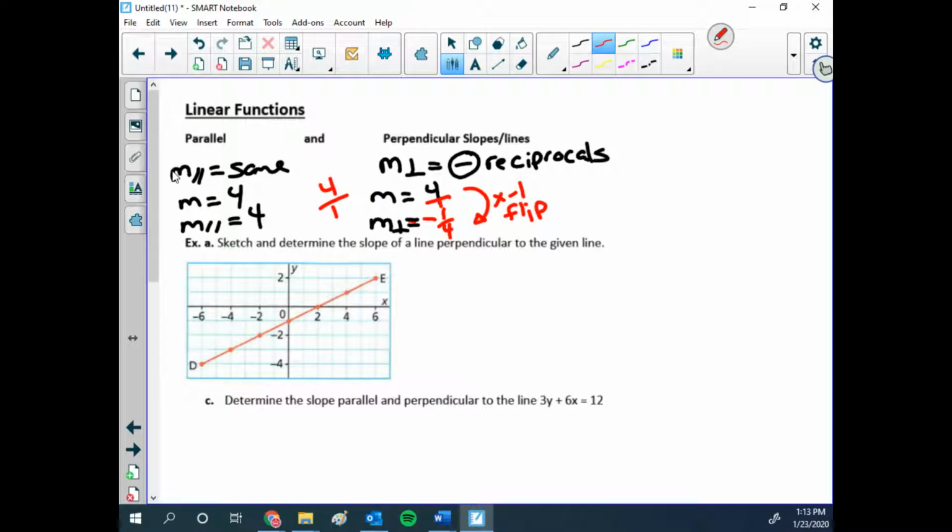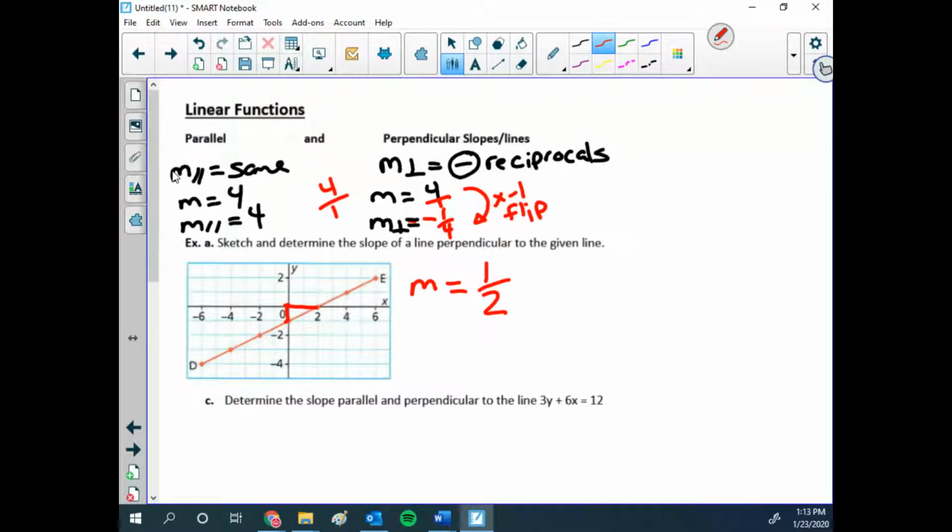All right, so here is an example. It says, sketch and determine the slope of a line perpendicular to the given line. So I should be able to look at a graph and say the slope of this line is equal to what? Well, the rise is 1 and the run is 2, so 1 over 2.